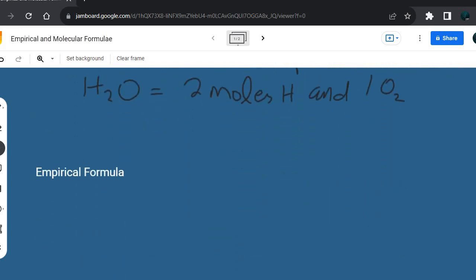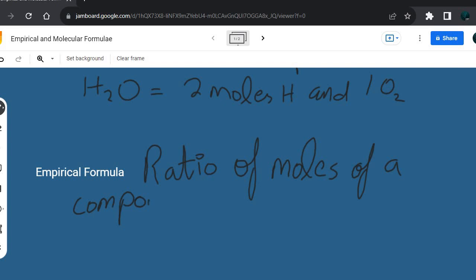On the other hand, the empirical formula tells the ratio of moles. For example, we take the compound C4H8. In this, we know that for every 4 carbon moles, there are 8 hydrogen moles.